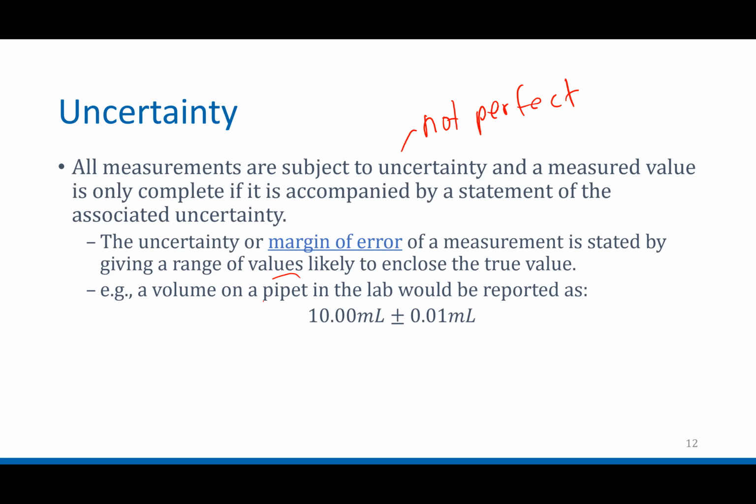So a piece of equipment that we'll look at next class, I'll talk about the pipette next class, but all you need to know is it's a piece of glassware that measures incremental volumes. What I mean is you could take a pipette and measure 10 milliliters, or another pipette and measure 25 milliliters. Well, the pipette has a margin of error on it that says 10 milliliters plus or minus 0.1 milliliter.